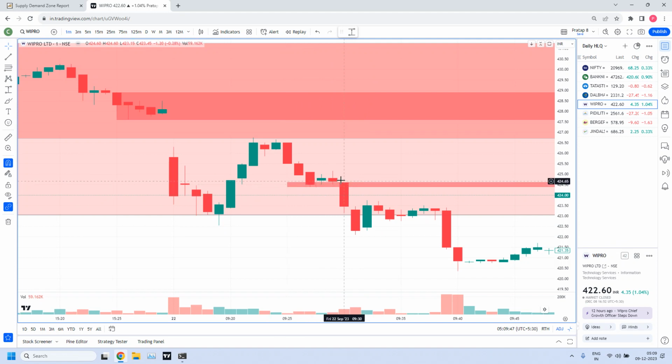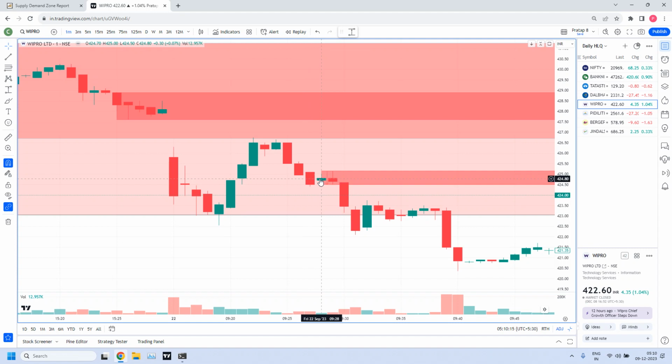How do we draw our 1-minute zone? From the higher wick of this zone and the lower wick of these zones, and even the higher wick of this leg-out candle, because this is a drop, base, drop. We have a drop candle, 2 base candles, and again a drop candle as a leg-out. So now I am changing the zone as per our demand and supply zone theory.